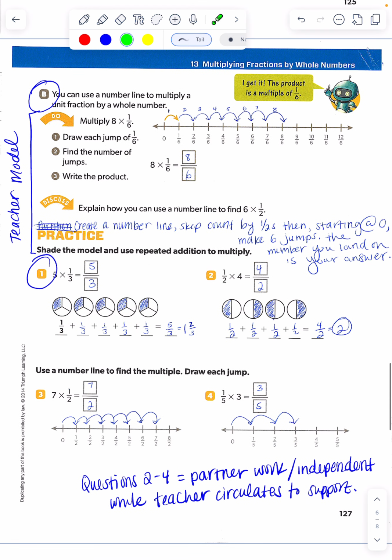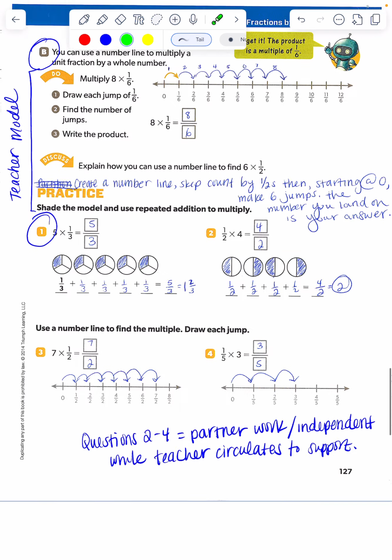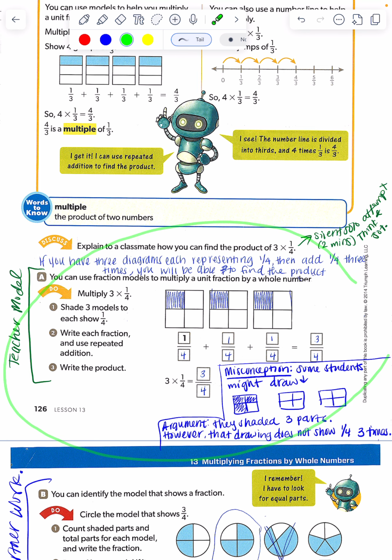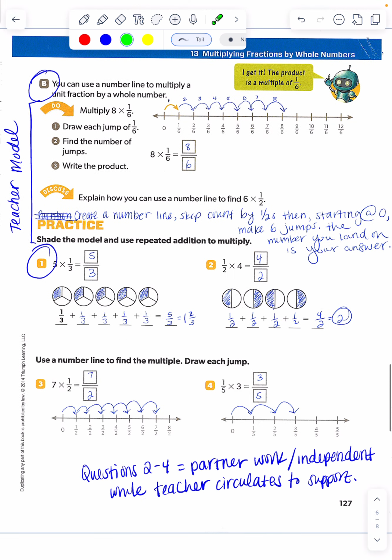However, before you release them to even work on page 125, after you do your initial model right here, you want to jump to this model here, because you also want to show students how to do the number line. So 8 times 1/6, again, it's partitioned into 6 because the denominator is 6ths, which means that our unit is 6ths.